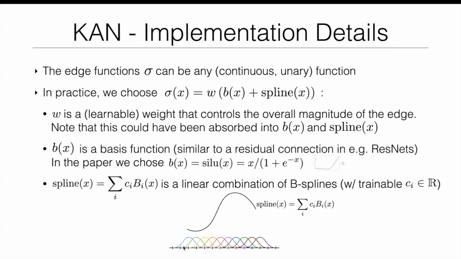And then by summing them all up, by superimposing them, I'm constructing this spline function. I take this then and add it to the SiLU. I multiply this with an overall weight. And this is what I'm doing at each edge. So this is how I build my edge functions. And then, as I said, at the nodes of the graph, I'm just summing up all of these contributions.